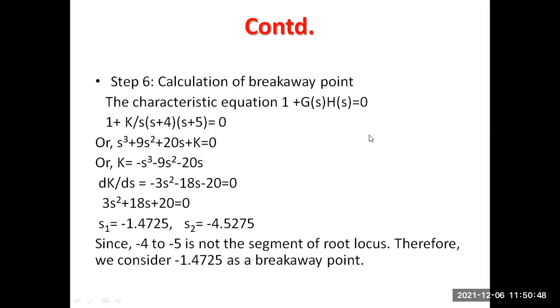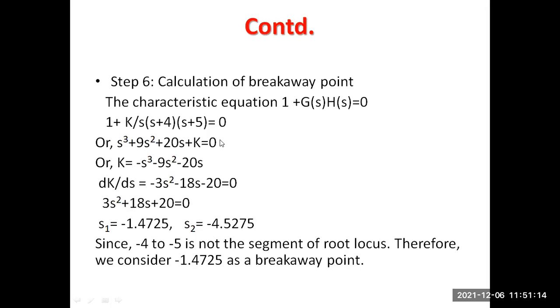Okay, you have got it, no? Yes, sir. Fine. Now we need to check whether these are basically possible breakaway points. Now we have to check whether these will actually be the breakaway points or not. So that we need to check.